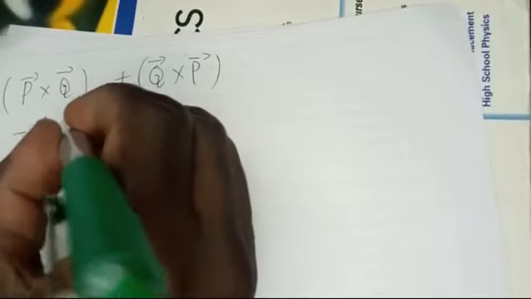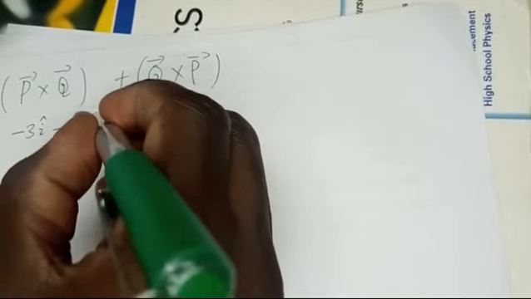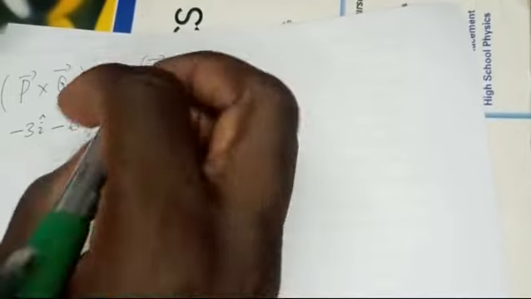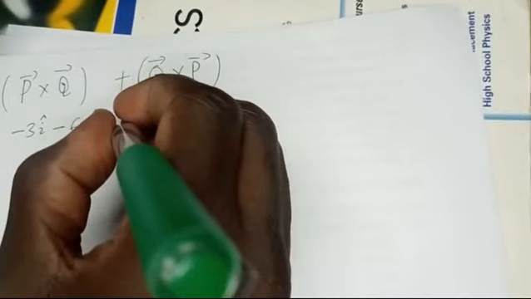We obtained that before. Check the result. It was minus 3 I cap minus 6 J cap minus 3 K cap. This is our P cross Q, and you can see it is clearly the negative of the other one. But let's continue.